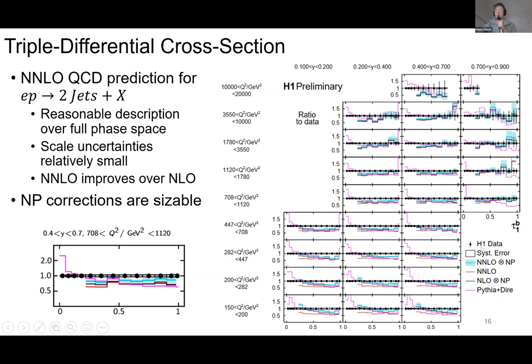The NNLO with non-perturbative corrections everywhere does the best job at describing the data, even better than Pythia, and quite significantly better in some places than the NNLO.